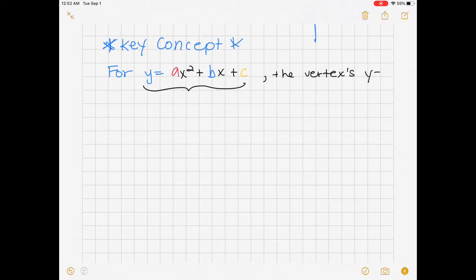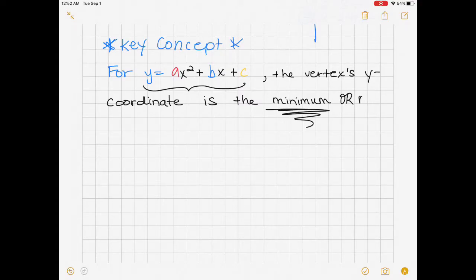So the vertex's y-coordinate is really important because that y-coordinate is the minimum or maximum value of the function. Okay, and here's how to know which is which.